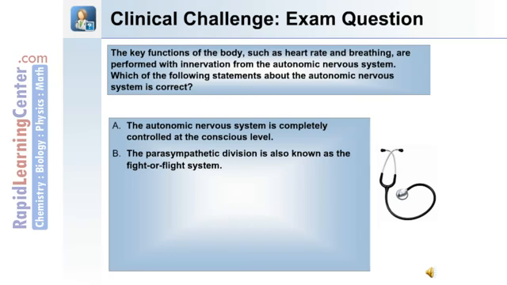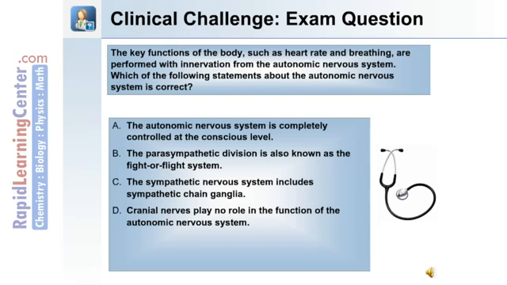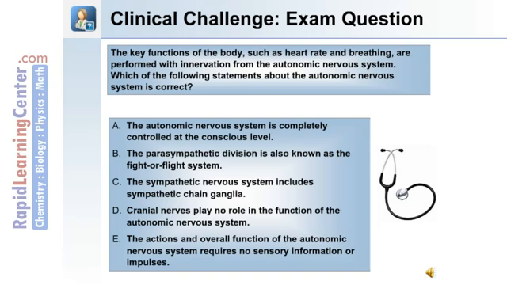B. The parasympathetic division is also known as the fight or flight system. C. The sympathetic nervous system includes sympathetic chain ganglia. D. Cranial nerves play no role in the function of the autonomic nervous system. Or E. The actions and overall function of the autonomic nervous system require no sensory information or impulses.